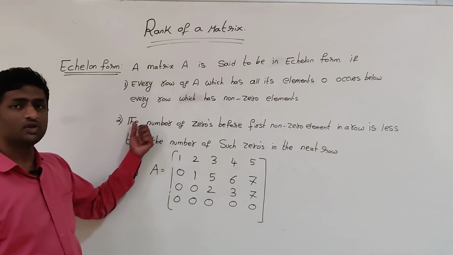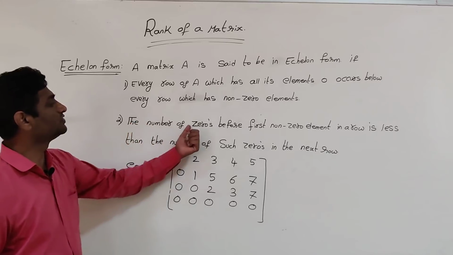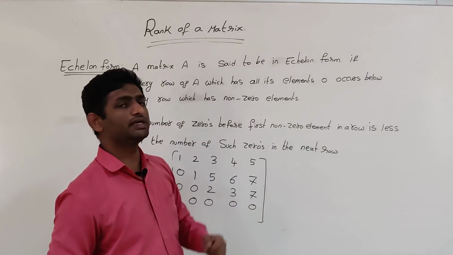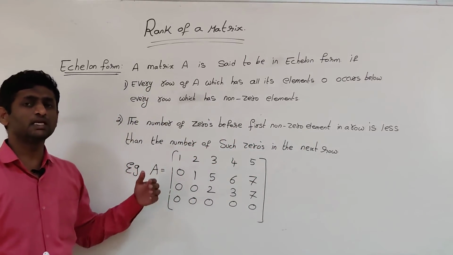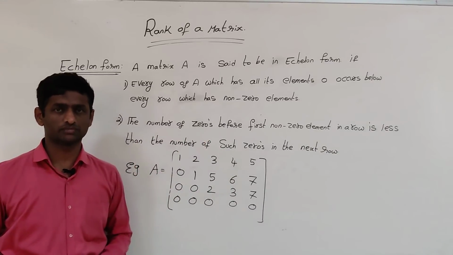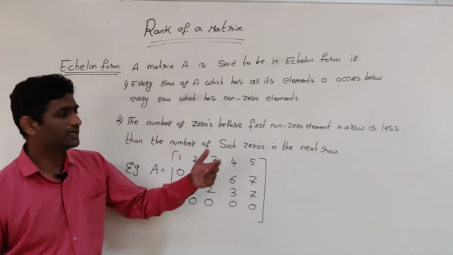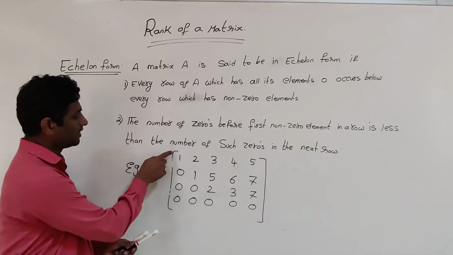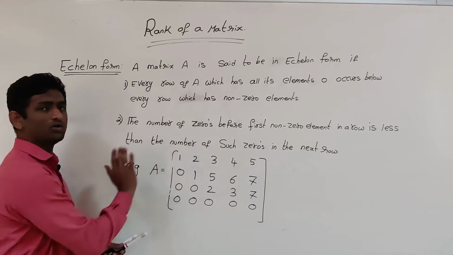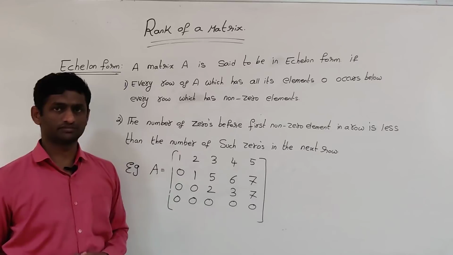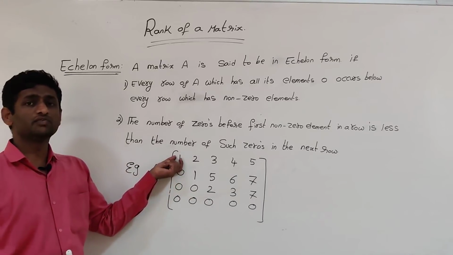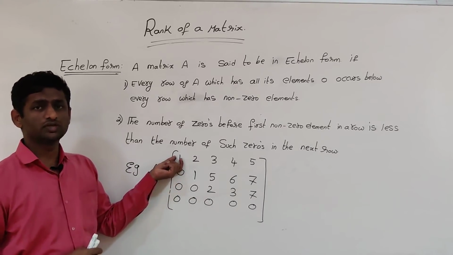Next, coming to the second one. The number of zeros before the first non-zero element in a row should be less than the number of such zeros in the next row. See, if you observe in the first row, 1, 2, 3, 4, 5, this 1 is the first non-zero element.